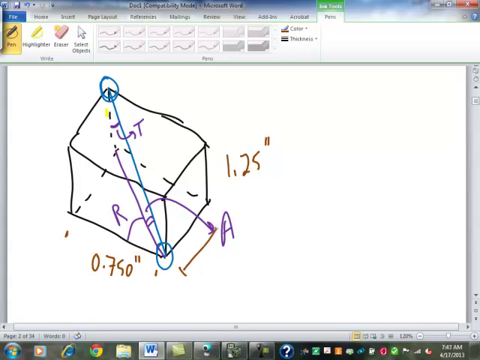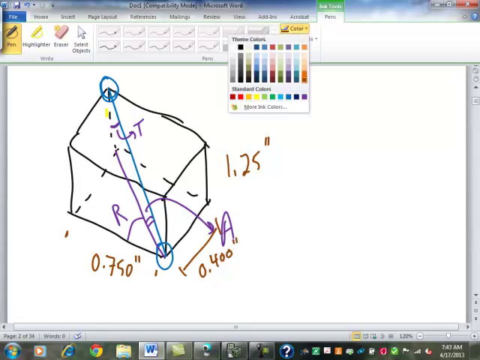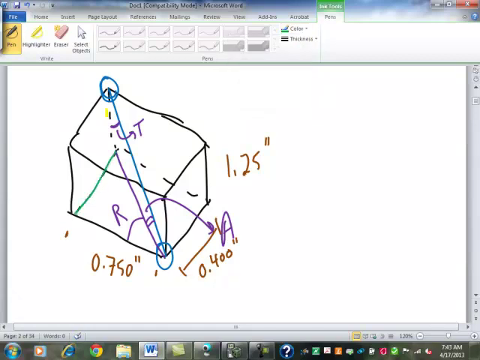And the distance from here to here is, we'll go 0.40 inches. I can now find these angles pretty quickly. I'll start out with this triangle right here. That's going to be a right angle there. This angle here is R. That's my rotation that I'm looking for.